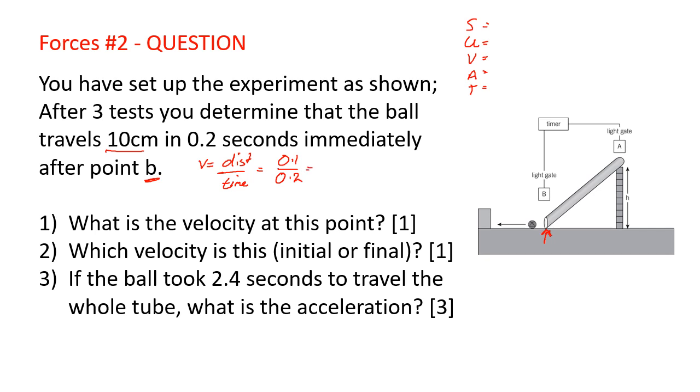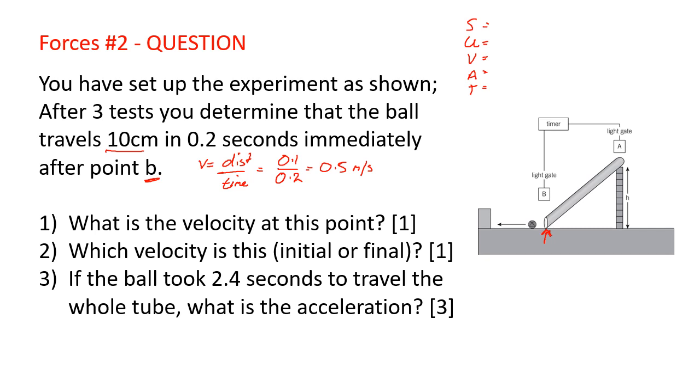Okay, so if I get my trusty calculator out and do 0.1 divided by 0.2, I would get a lovely half a meter per second, or 0.5 meters per second. Okay, which sounds like a fairly reasonable speed. It's not a massive tube by the look of it. If I got an answer of 450 meters per second, I might be thinking that's a bit quick.